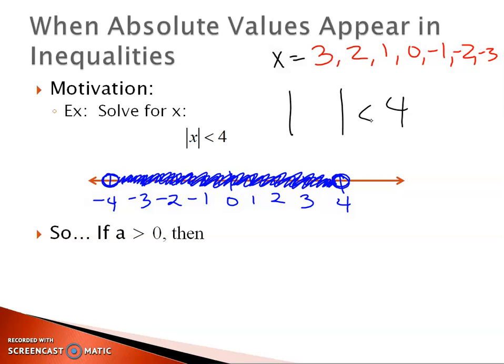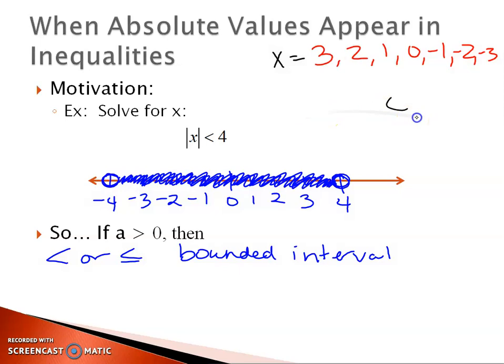Okay? So when I have a less than sign, and you'll find that that's also a less than or equal to sign, we end up with a bounded interval. Okay? And bounded intervals look like, hold on, let me erase this real quick. My bounded intervals are the ones that look like when I have the x in the middle of them.